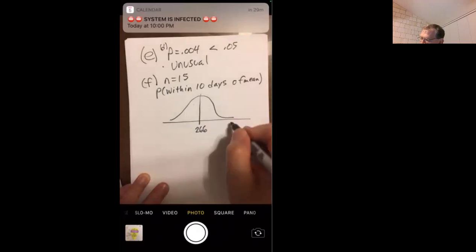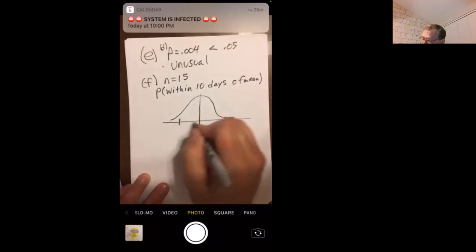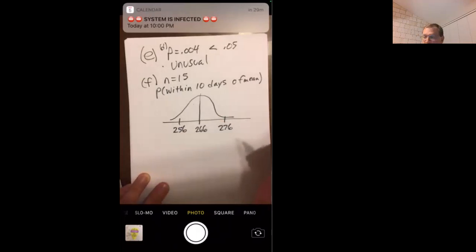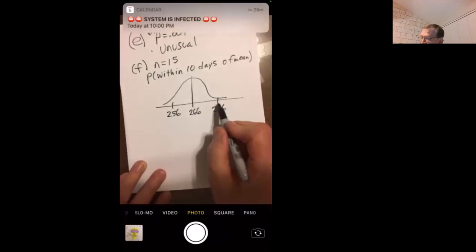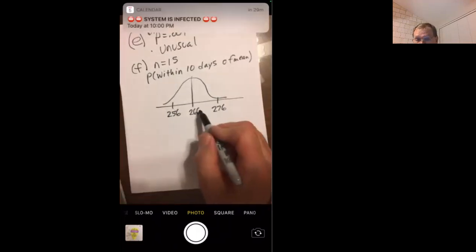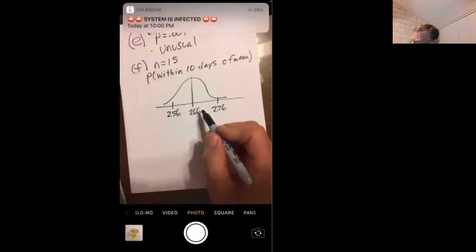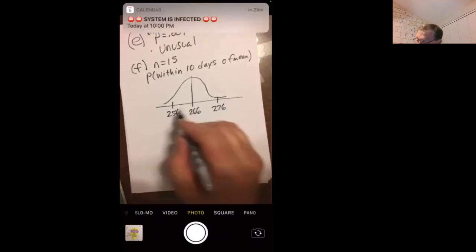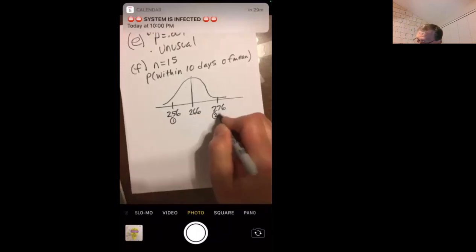If you're within 10 days high, that'd be a 276. Or within 10 days low would be 256. So if you're between 256 and 276, you're within 10 days of the mean. So we're going to need Z numbers for both of those. So call this number 1 and this number 2.